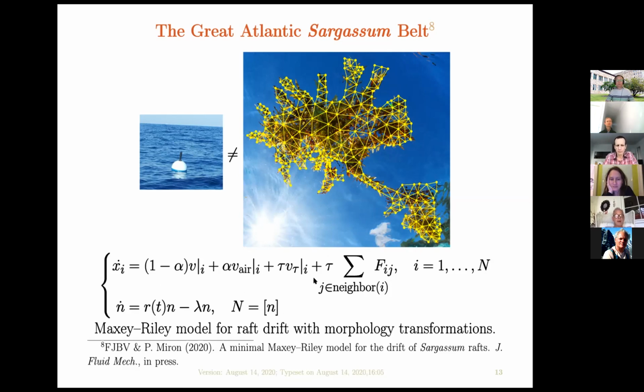I mean, controlling the number of particles in the rafts of sargassum as they are moving around in the ocean, encountering different temperature and nutrient conditions that will make them grow or shrink by dying, basically.